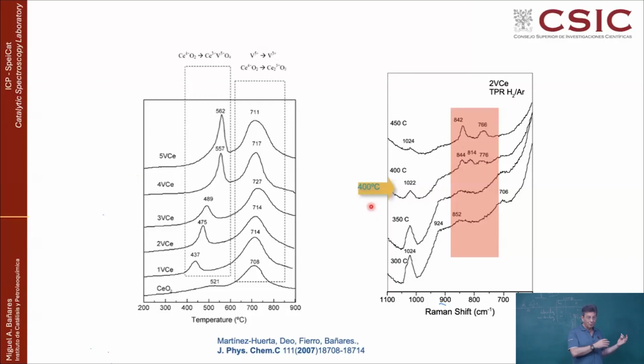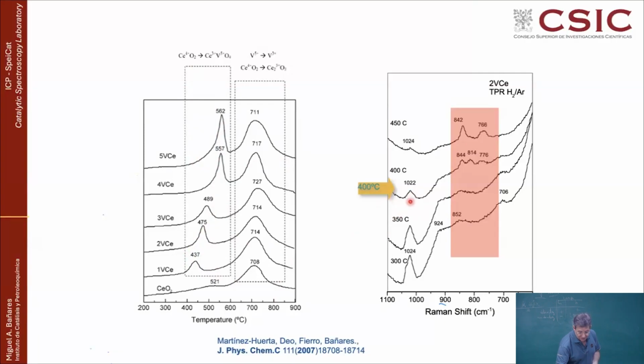So we are revisiting the typical TPR profiles of supported vanadium, which is always the reduction of vanadium on all the supports except ceria. In the case of ceria, when you get this peak, no, this is not the reduction of vanadium, this is the reduction of ceria. And not only the reduction of ceria, it's the reduction of ceria when it is being converted into cerium vanadate. And actually, 2% vanadium oxide on ceria has a reduction peak with a maximum at 475.